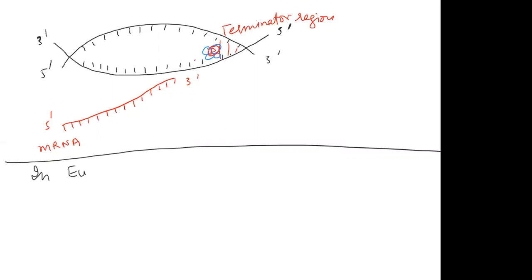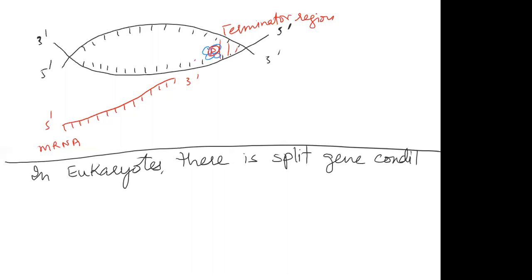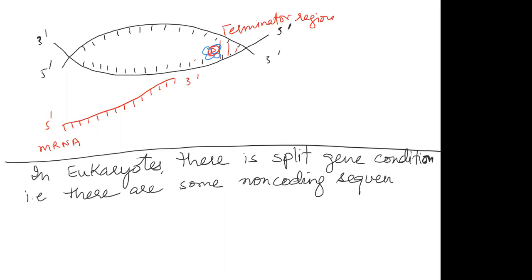In eukaryotes, there is split gene condition. That is, there are some non-coding sequences and coding sequences. So this is the biggest difference with the prokaryotic and eukaryotic transcription. तो देखें कैसी जीन है.